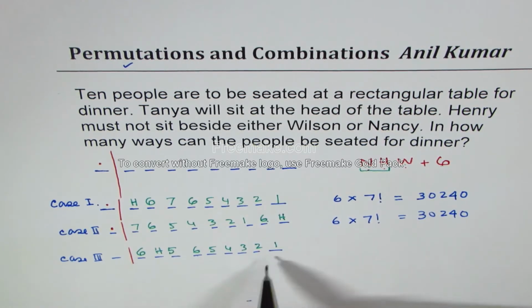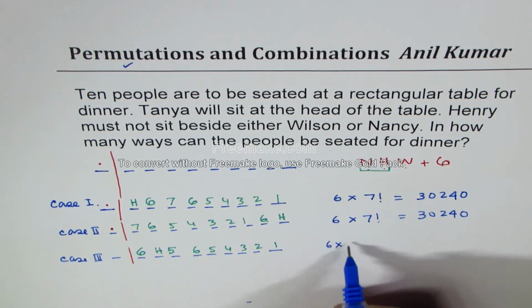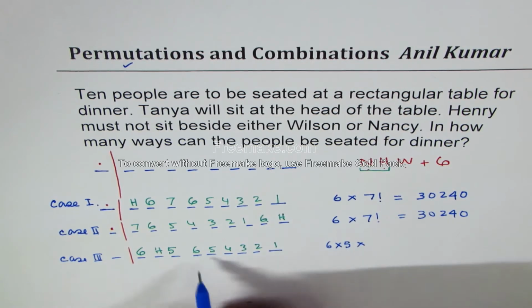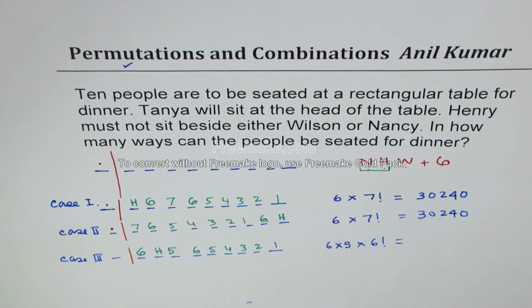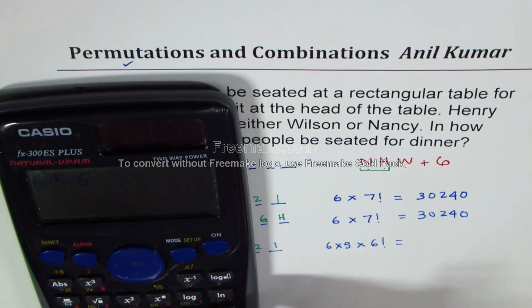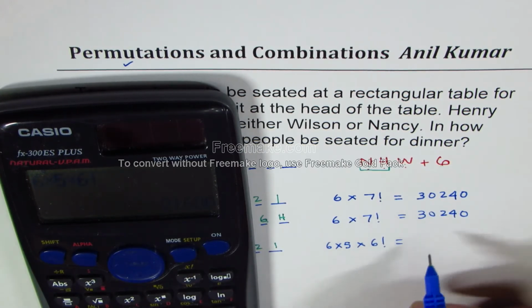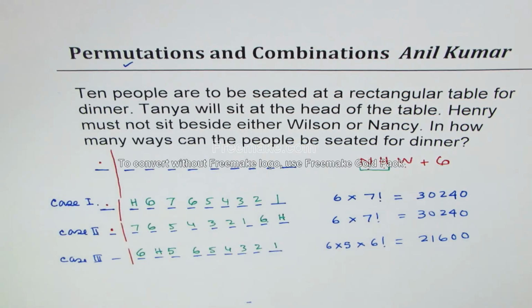Correct? So that gives you the number of combinations as 6 times 5, 30, times 6 factorial, right? Let's figure this out. So we have 6 times 5 times 6 factorial, which is 21,600. Okay. Now look here.